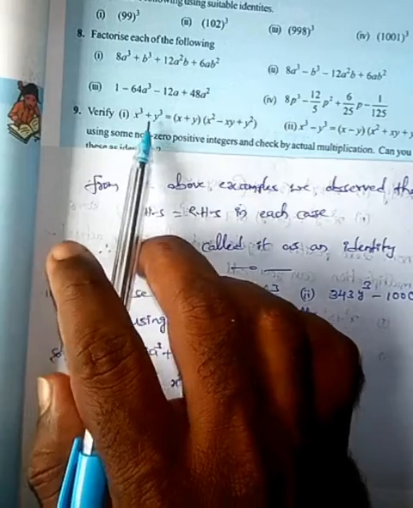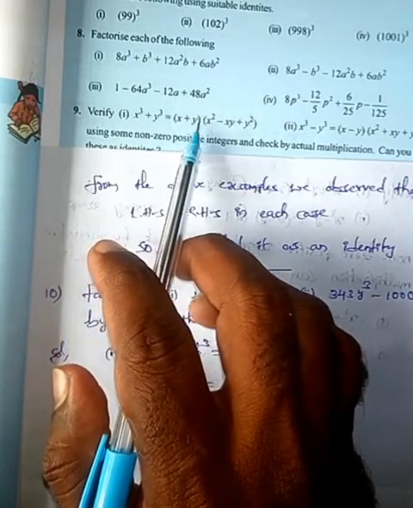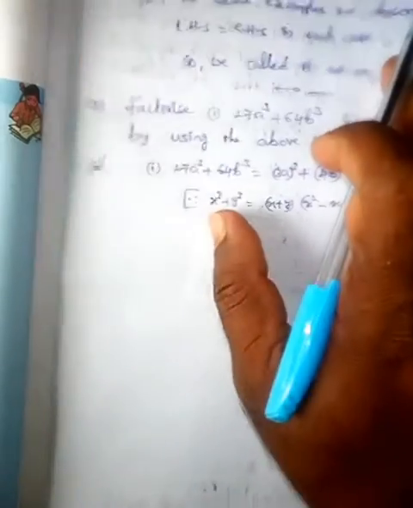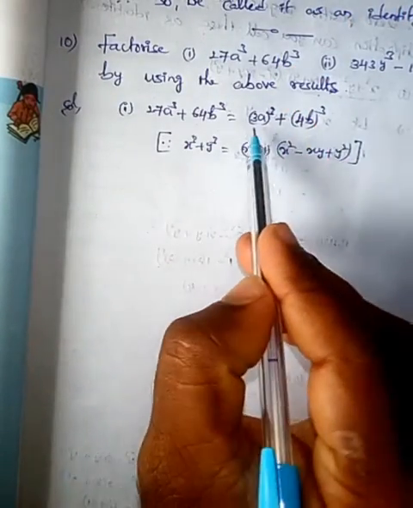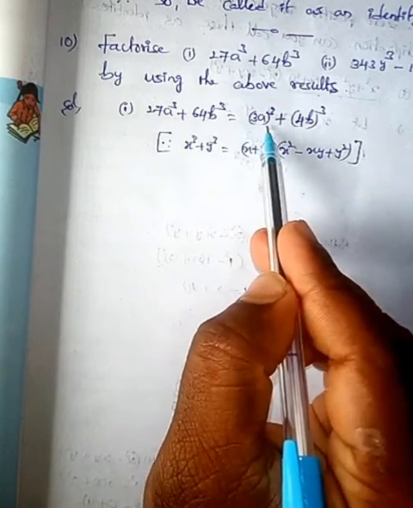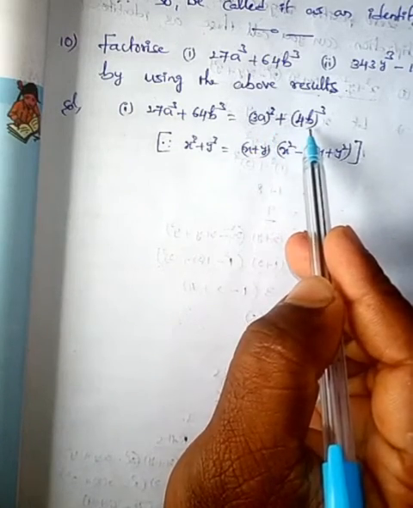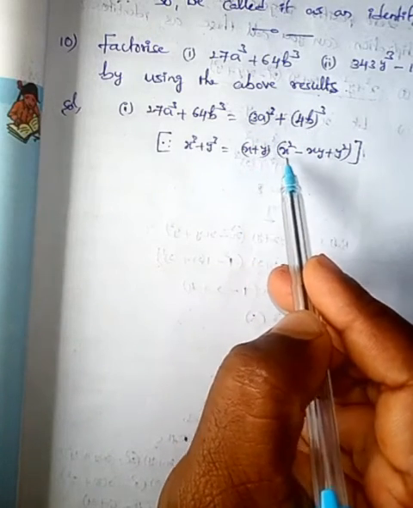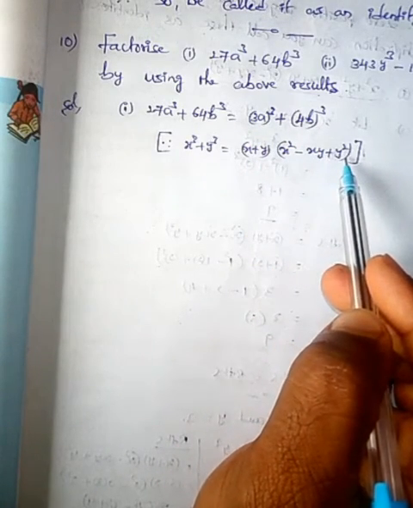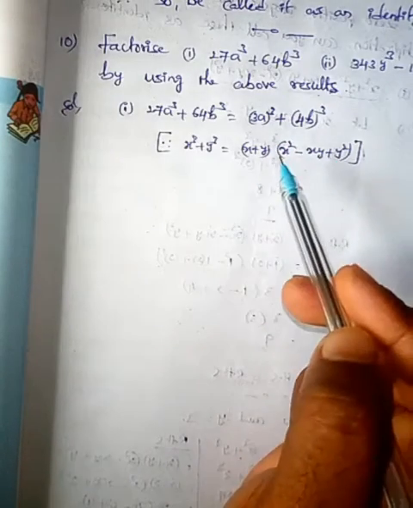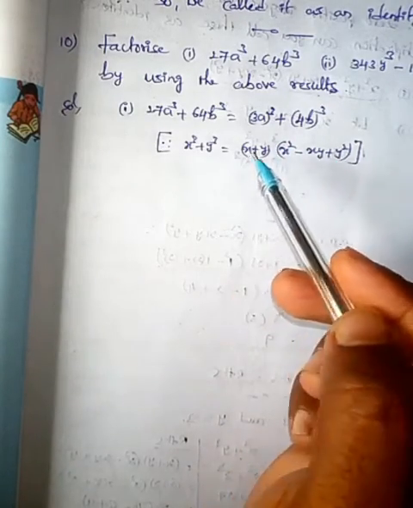Okay, this is also in the form of x cube plus y cube. What is x here? 3a. What is y here? 4b. So in the place of x cube plus y cube we can write x plus y into x square minus xy plus y square. Okay, if you write in this way, our factorization is ready.